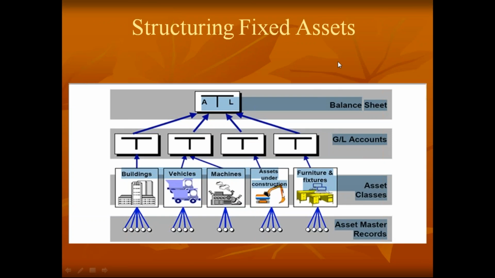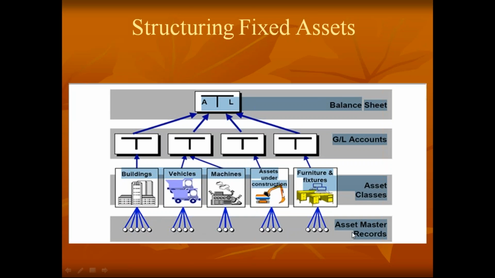Whenever we are talking about asset accounting, the first thing is we need to create an asset master. Asset master is nothing but a list of all the individual assets. Let's say my company has 5 buildings, something like building 1, building 2, 3, 4 and 5. Similarly, 4 vehicles or machinery.